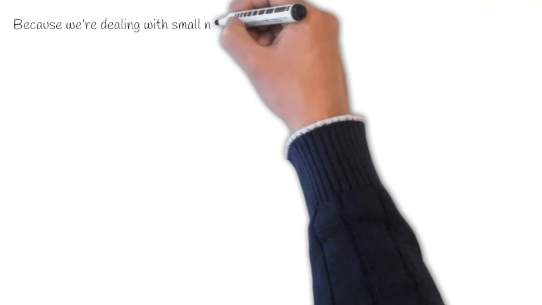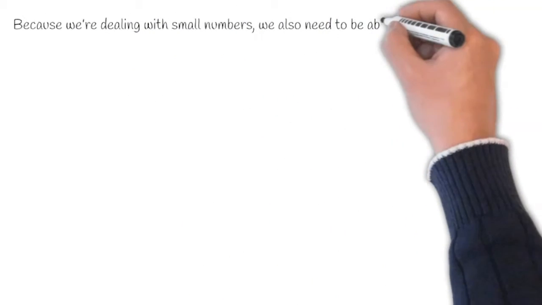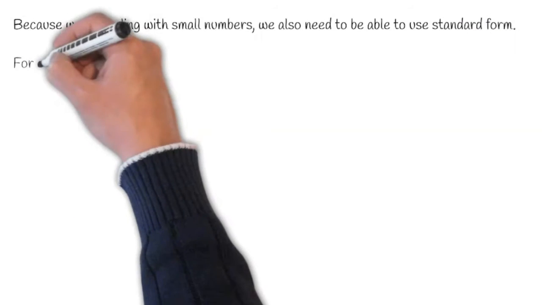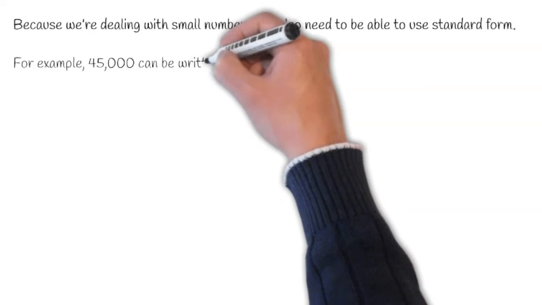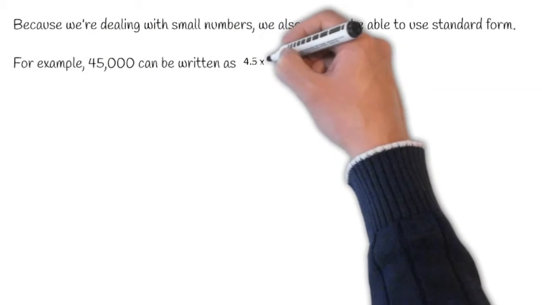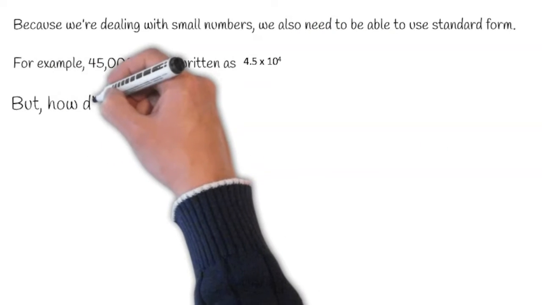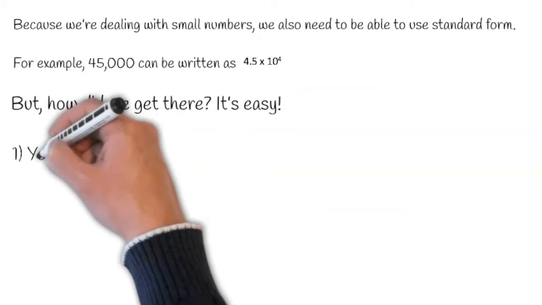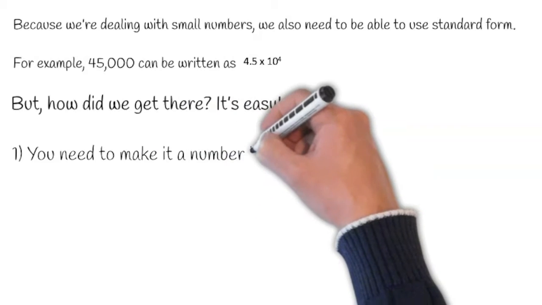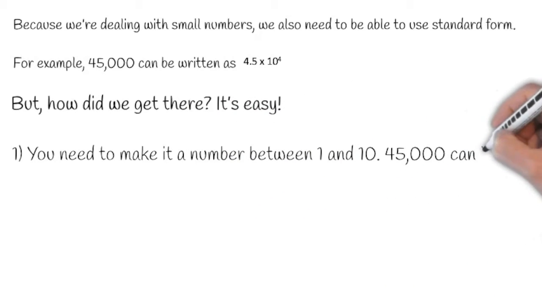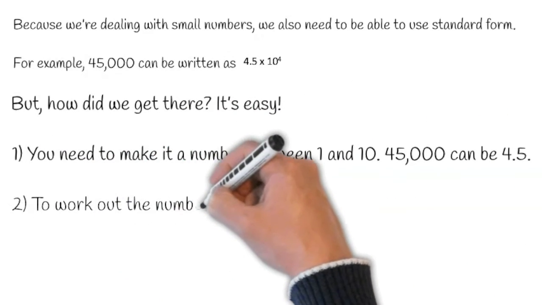Because we're dealing with really small numbers, we also need to be able to use standard form. For example, 45,000 can be written as 4.5 times 10 to the power of 4. But how do we get there? It's easy. First, you need to make a number between 1 and 10. 45,000 can be 4.5.